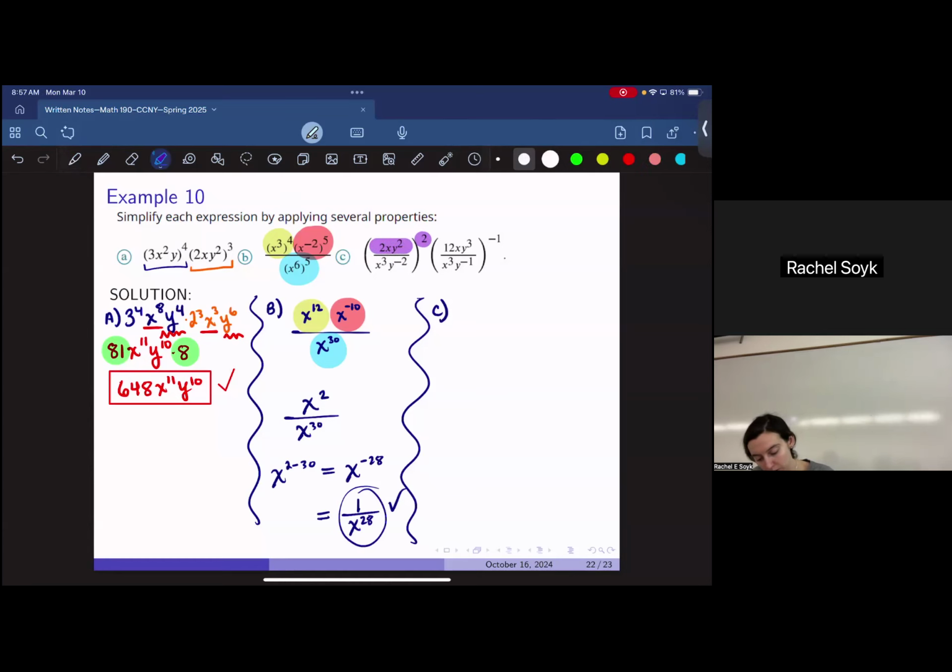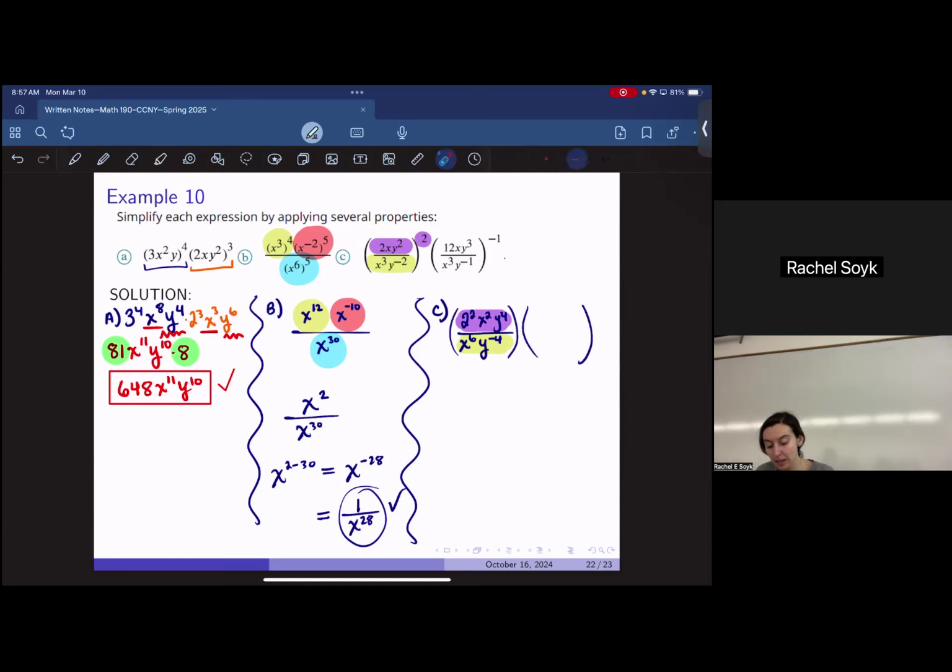We're looking at 2 to the second power, x to the second, y to the fourth, all over x to the what? 3 times 2 gives you 6, and then y to the negative 4. We'll keep that as is right now.